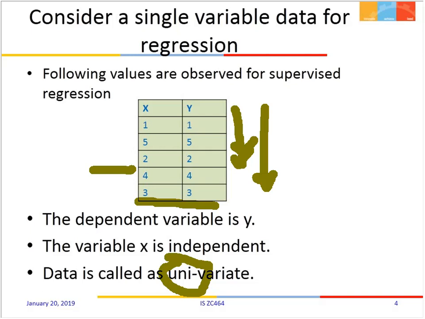So univariate data is the one where we have a single variable x, which has its effect on y, right? Had there been more variables like x1, x2, etc., then the data would be called bivariate or multivariate data. We will have some examples here.